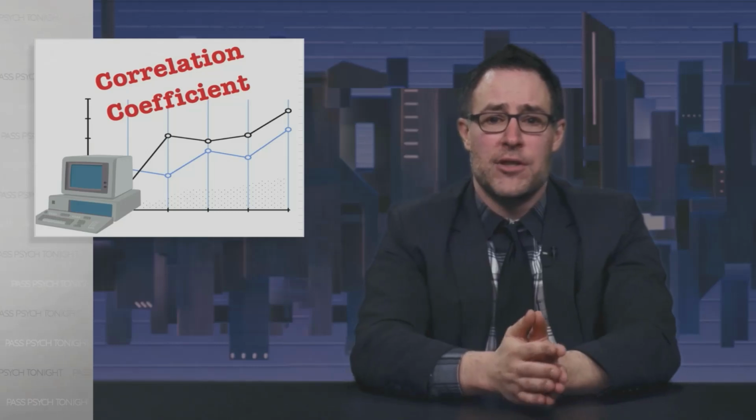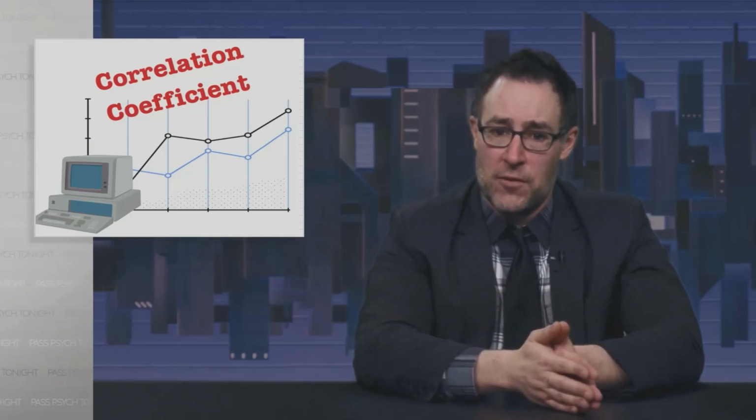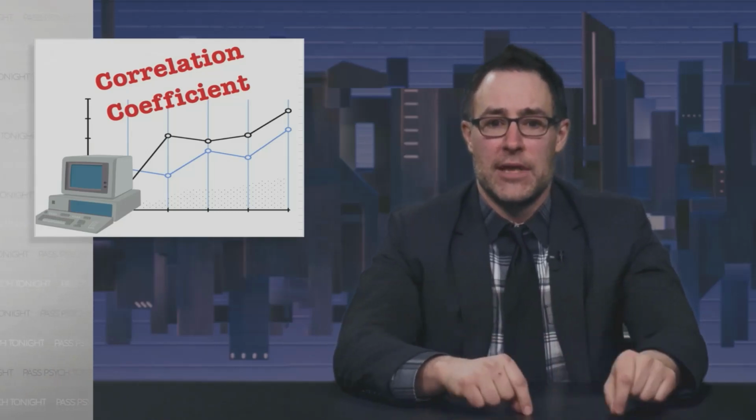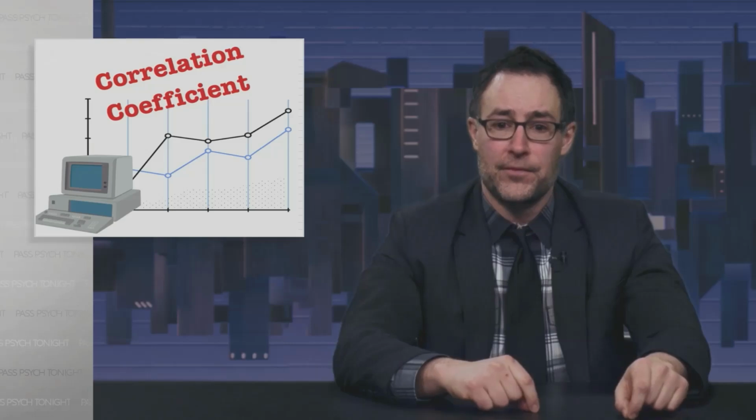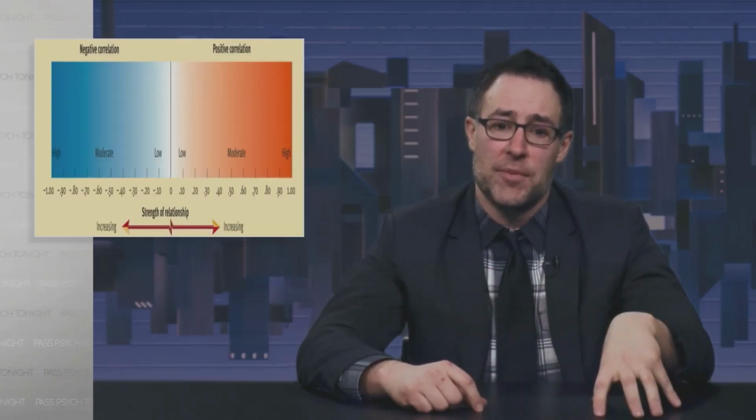A correlation coefficient is a number that ranges from -1 to +1, and it tells you about the relationship between your variables. A positive number means a positive relationship between the variables, like Ponderosa and happiness. While a negative number would mean a negative relationship, like course absences and GPA.